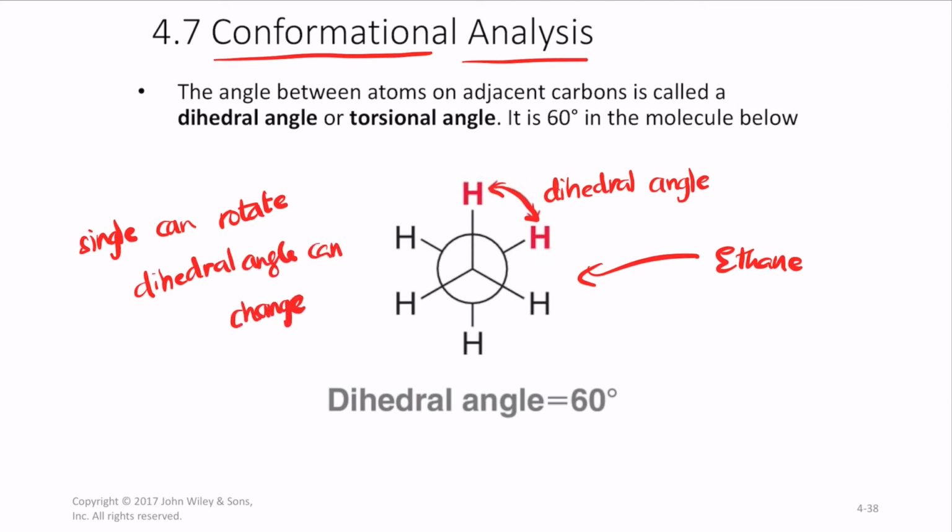So there are two main configurations for ethane. One of them is the standard one that you saw right now, where the dihedral angle between the front hydrogen and the back hydrogen is 60 degrees.